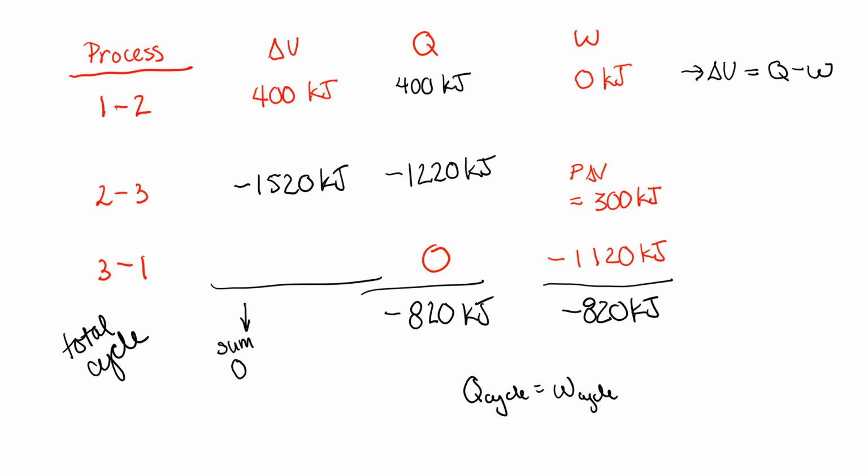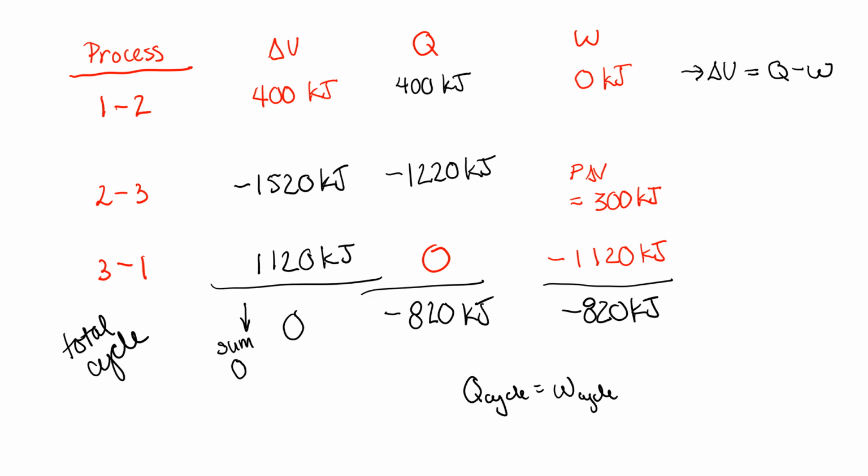And for this final step, delta U is Q minus W, and so delta U needs to be 0 minus negative 120, so delta U is 120 kilojoules. And we can see that the sum of all of these changes in internal energy is in fact 0. So there, we found the change in internal energy, the heat transfer, and the work for every step.